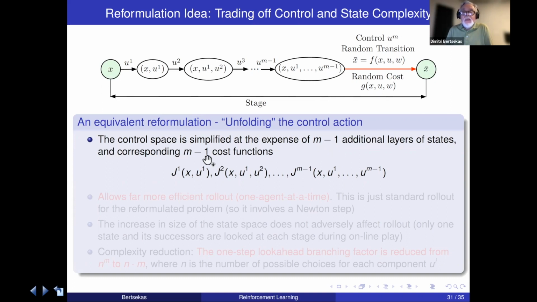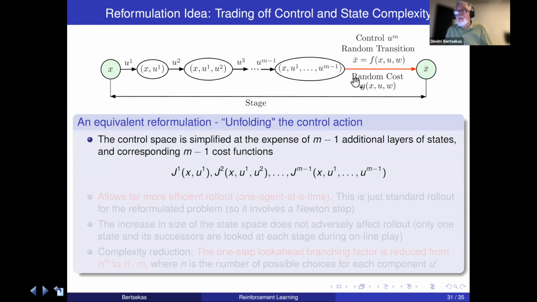We apply the M controls sequentially, one at a time. So from this state, we apply control U1, get to this state. Here we apply control U2, get to that state. Here we apply U3 and so on. And after M-1 steps, we get to states like that. And then we apply the final control.